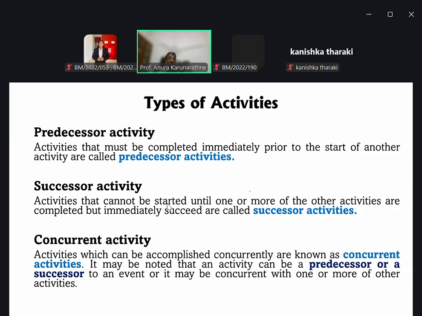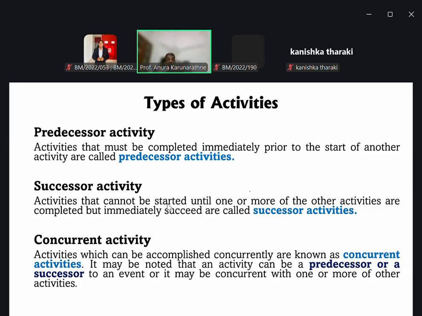Successor activity. Activities that cannot be started until one or more of the other activities are completed, that immediately succeed, are called successor activities, right? Concurrent activities, which can be accomplished concurrently, are known as concurrent activities.